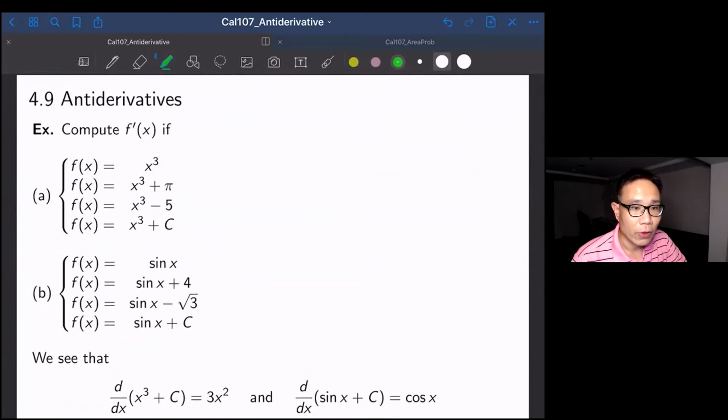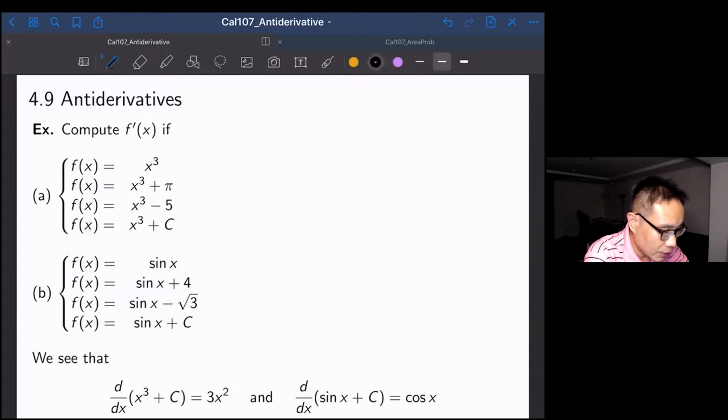So first of all, let's consider the first example. You have f(x) equal to x cubed plus pi, x cubed minus 5, and x cubed plus c. The question first asks you to find the derivative of this function. You may feel, hey, why do we need to find the derivative of such an easy function?